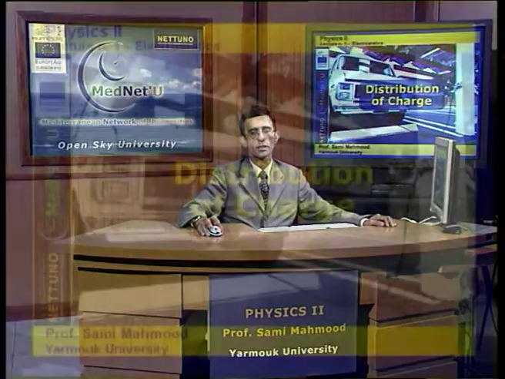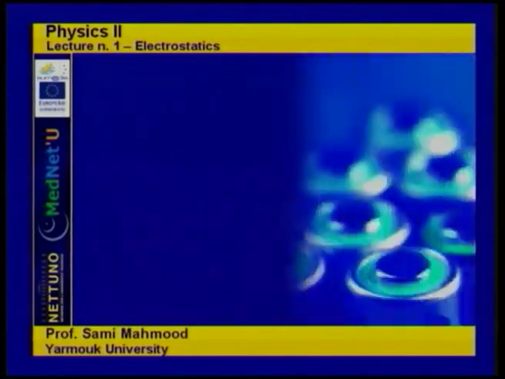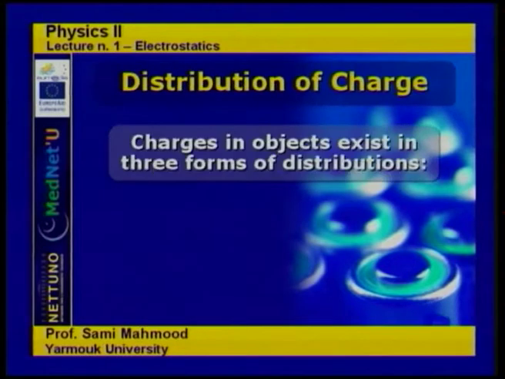And now we are talking about macroscopic objects, which are objects of some dimension. We can visualize that the charge is distributed over the objects in different forms.